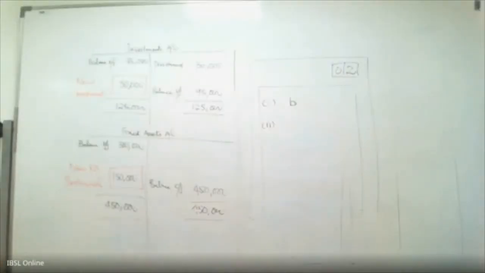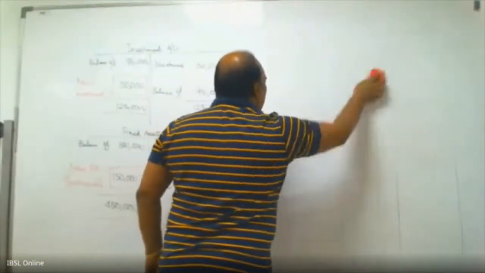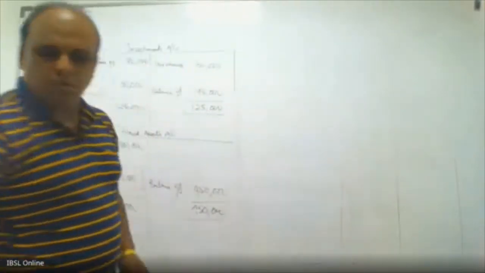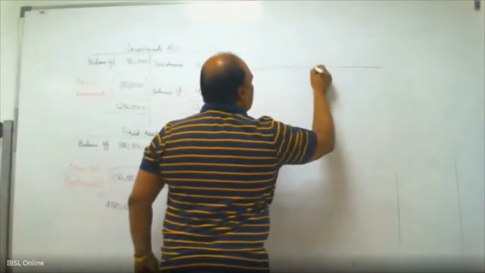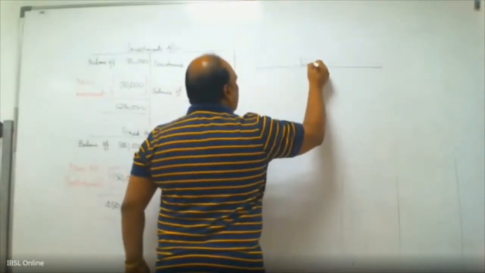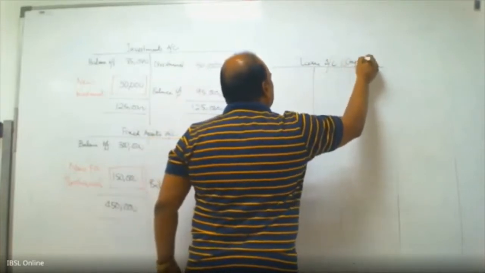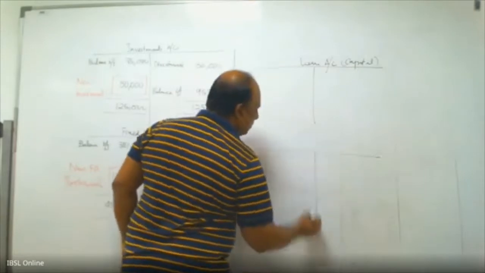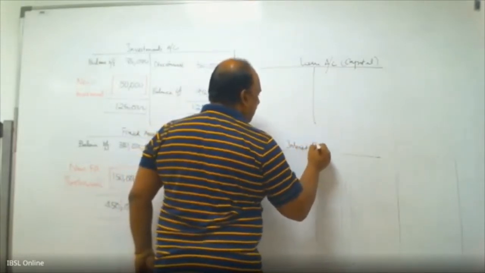Now, when you have a loan account, how do we account for it? This is your loan account, which is for the capital. And you will have an interest account also, which we call interest receivable.